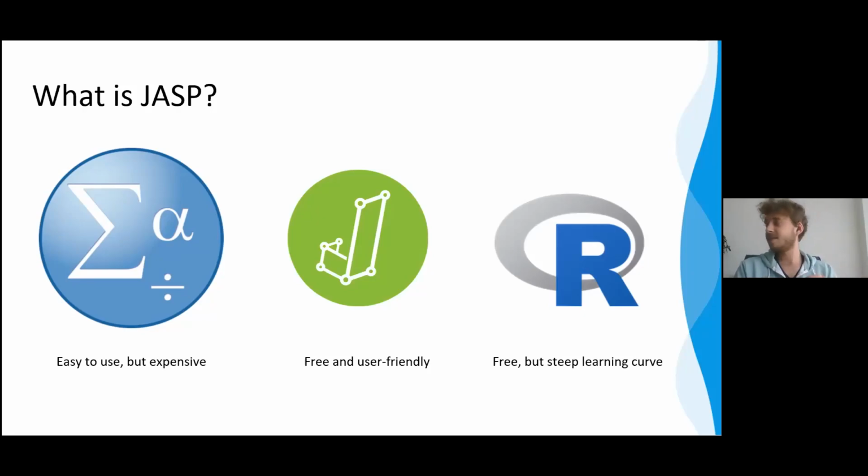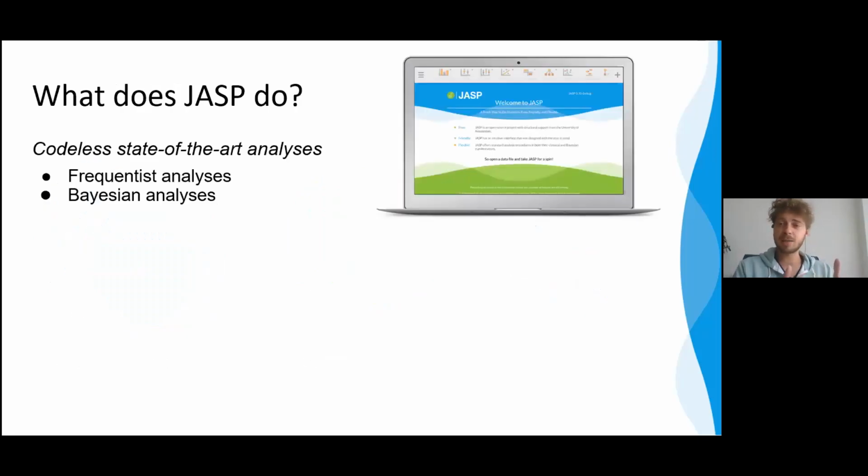So in summary, what does JASP give you? It does codeless state-of-the-art analyses, right? So first of all, it has all the classical statistics that we're used to from programs like SPSS, but JASP also offers a variety of Bayesian analyses. It's actually built, one of the foundations is also the Bayesian analyses, as is reflected in the name.